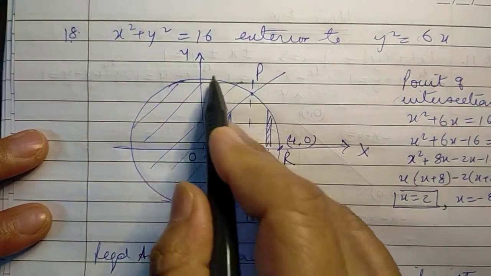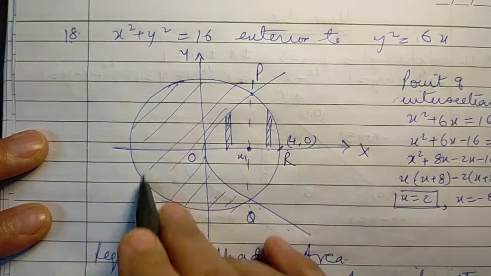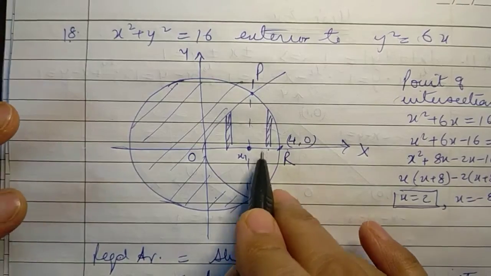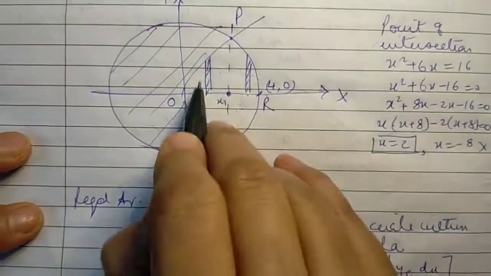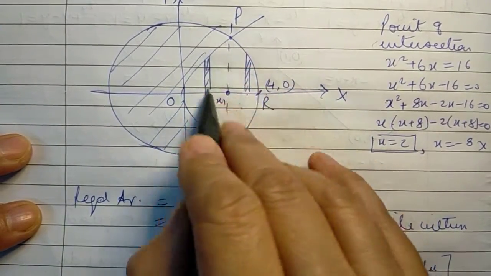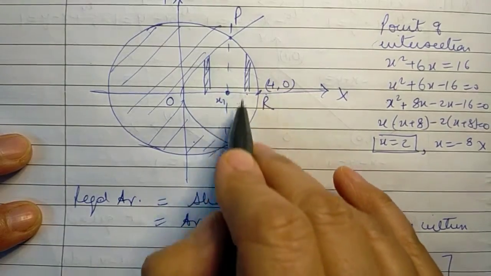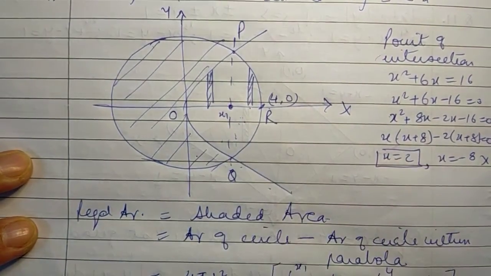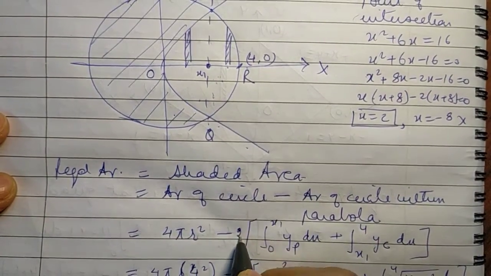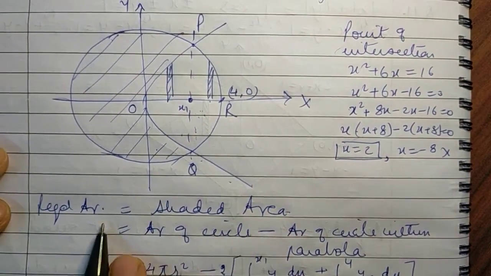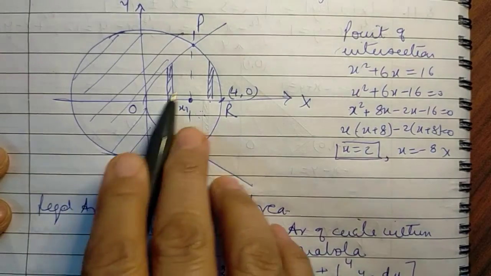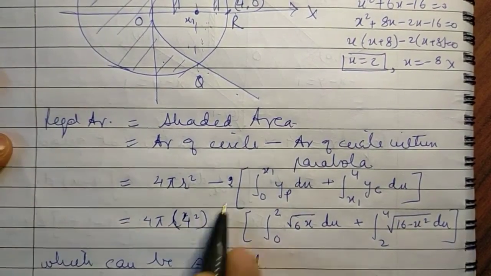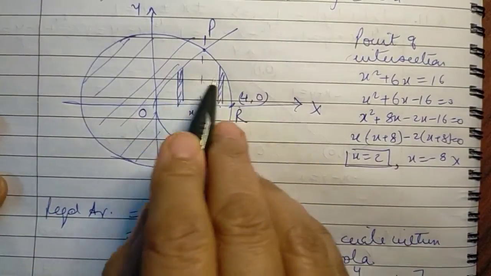So what we do is we find the total area of the circle minus the small area interior to the parabola, and we know that it is symmetric about the x-axis, so twice the area above the x-axis. We find the area of the circle, pi r squared, radius is 4, so the area of the circle is this much, minus 2 times this area.